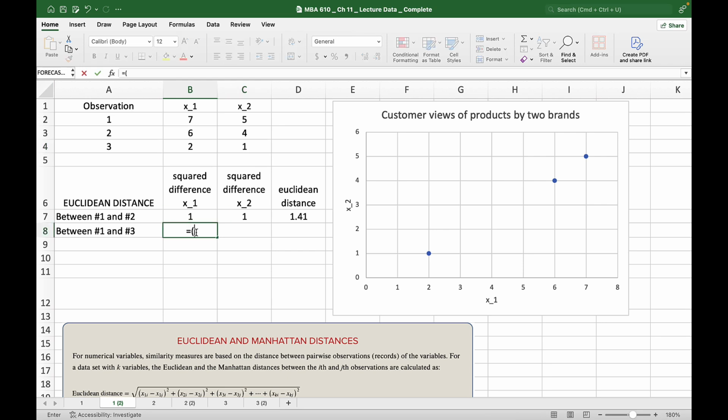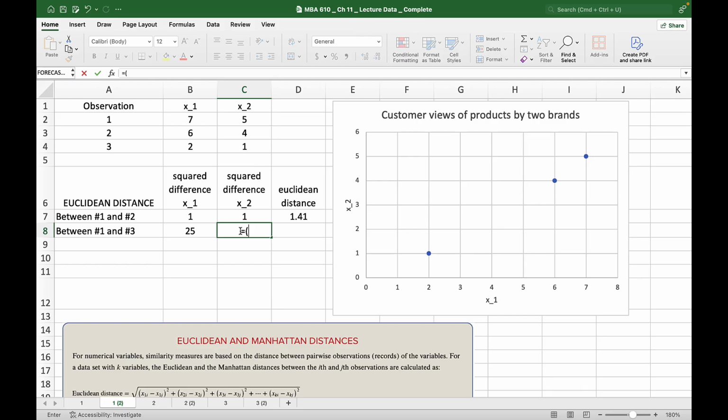So the squared distance with regard to variable 1: person 1 looked at 7 Patagonia products, person 3 looked at 2 Patagonia products. So we square that difference and we get 25. That's the squared difference between them with regard to how many products they looked at that were produced by Patagonia.